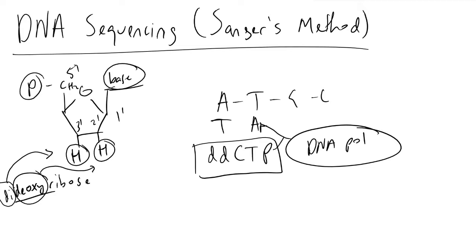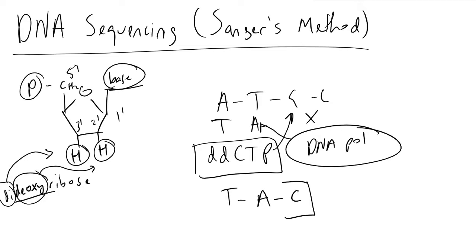But when it adds on this ddCTP, we stop sequencing everything after that. So what we would have in our solution is a fragment: the complementary strand, we would have TAC, and that would be it.